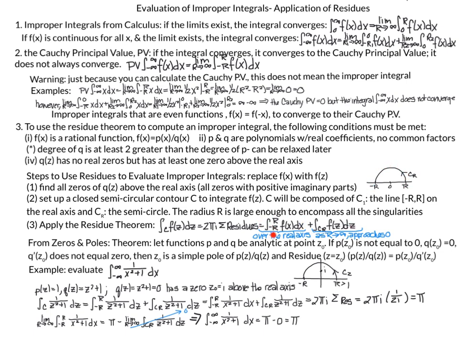Initially I would probably write a z here and a z here, but I wanted to emphasize that along the real axis we are dealing with real numbered variables, which is why I can write this as f of x dx, because this will be correct as long as we're going along the real axis.